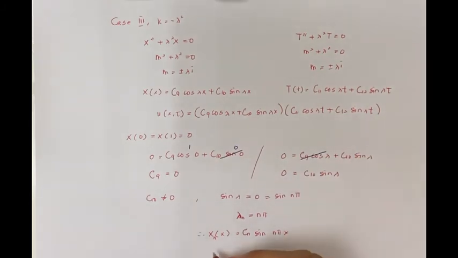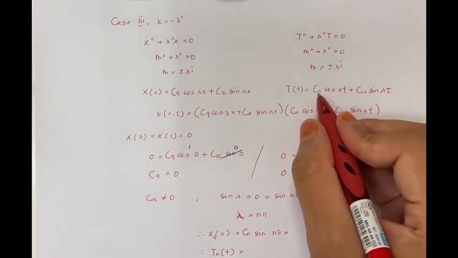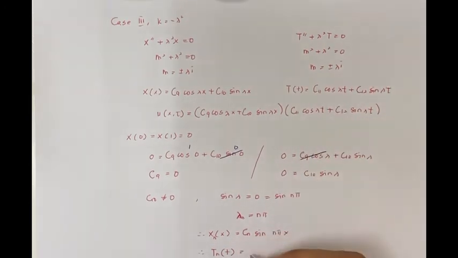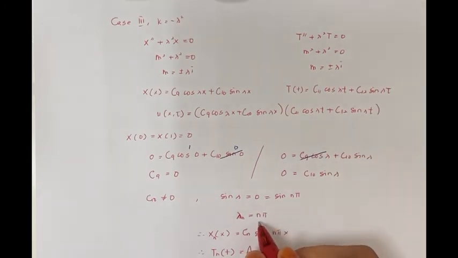And as for Tn, it is equal to C11 substituted with An, cos n pi t, substituting this lambda with n pi, plus Bn sine n pi t.